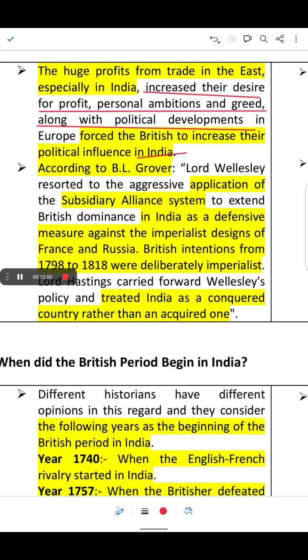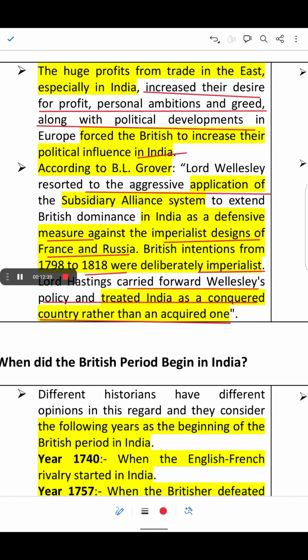According to B.L. Grover, Lord Wellesley resorted to aggressive application of the subsidiary alliance system to extend British dominance in India as a defensive measure against the imperialist designs of France and Russia. British intentions from 1798 to 1818 were deliberately imperialist. Lord Hastings carried forward Wellesley's policy and treated India as a conquered country rather than an acquired one.